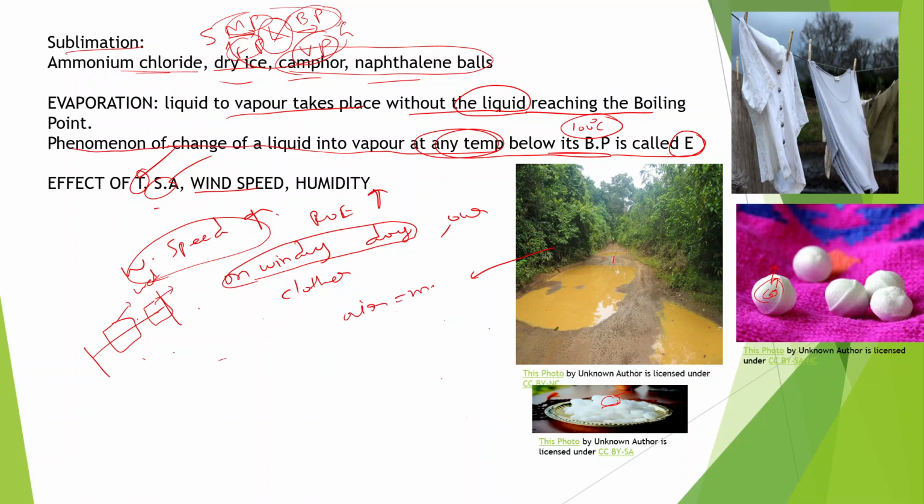First of all, air is a matter because it occupies space and it has some mass. Air particles are present, and air particles have more gap between them. So when wind occurs, these particles will move away from this region. When air particles move away from this region, new particles will come, and these new particles can absorb water vapor.